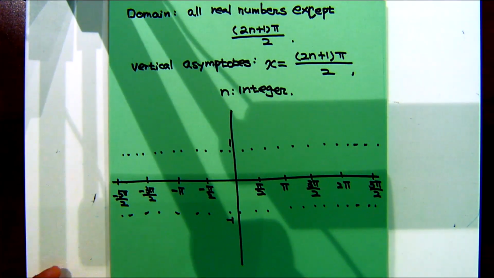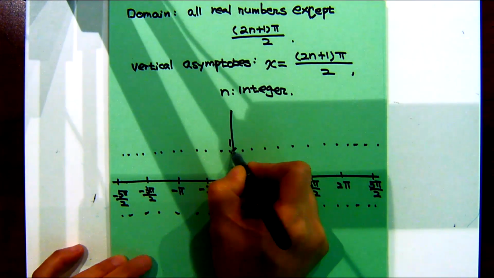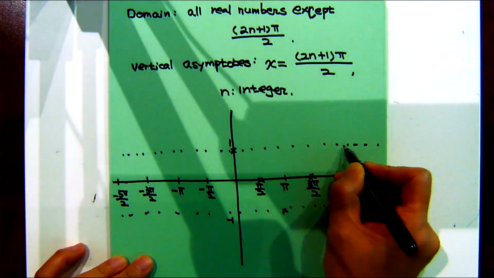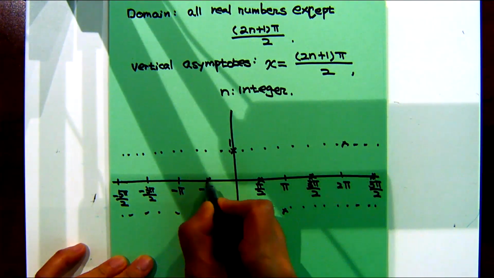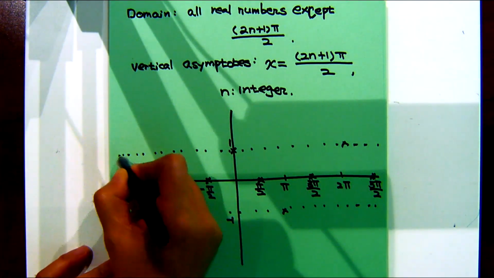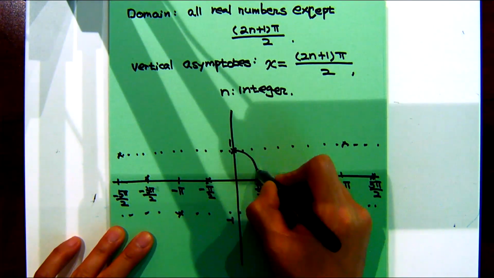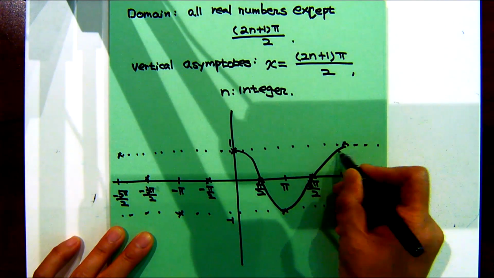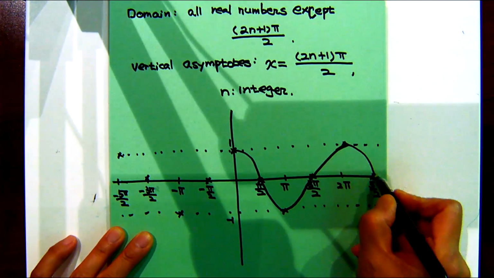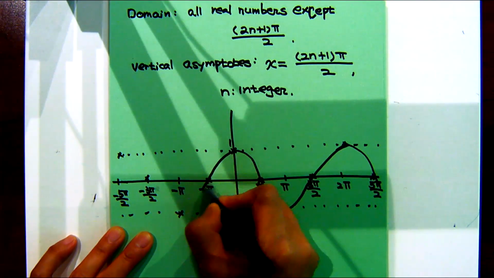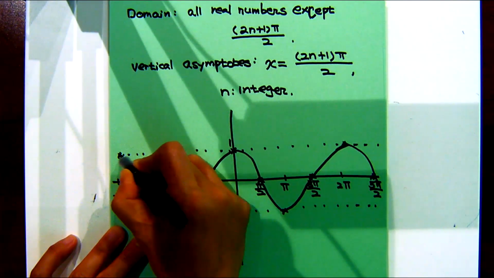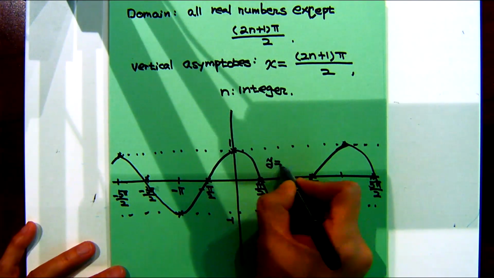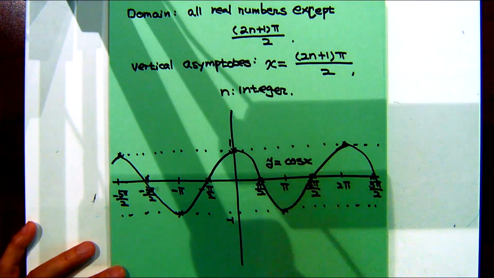We are considering the cosine function, so we start at the maximum value. This is the graph of cosine. So y equals cosine of x looks like this.